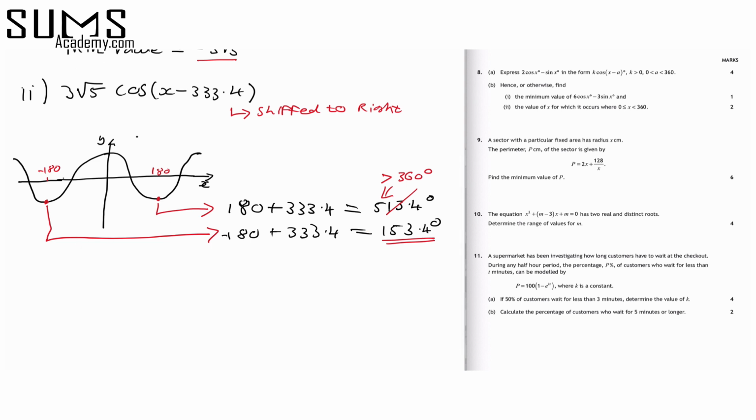So you write a little statement saying min value occurs at 153.4 degrees when x lies between 0 and 360 degrees.